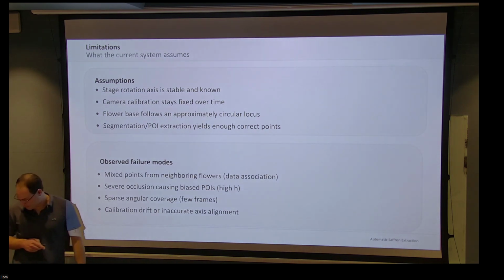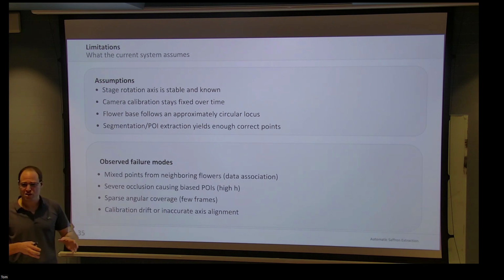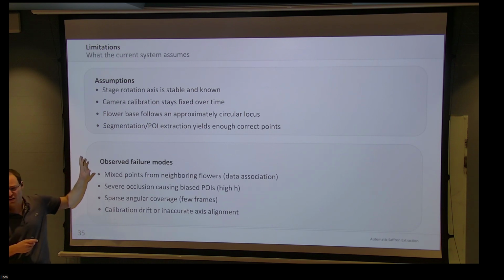Now we talk about the limitations and assumptions. Our assumption is that our stage is fixed over time, we know the axis of the rotating stage, and the camera is calibrated and fixed over time. It's not moving, and that's okay in our environment. The flower is assumed to move on an approximately circular locus.